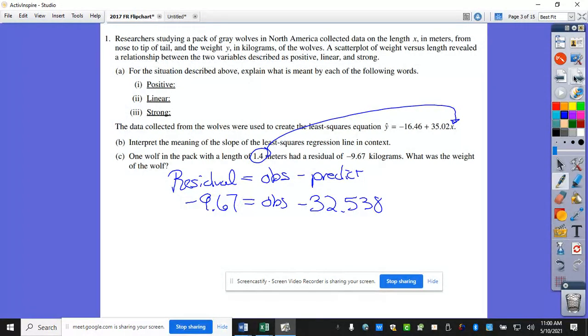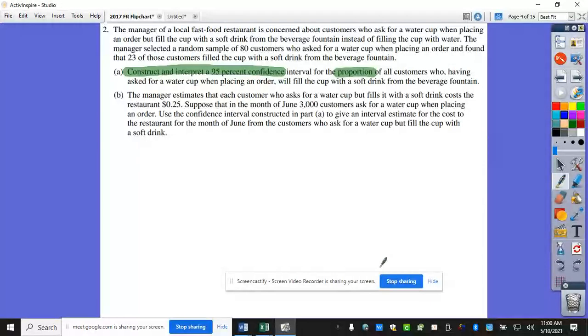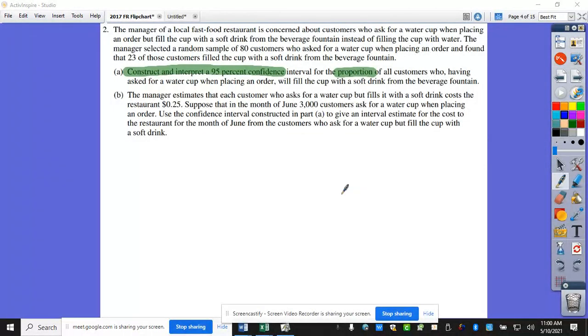All right, so number 2, I'm not going to go through the whole problem of doing this one. What is our equation for a one sample proportion interval? What does it start with?